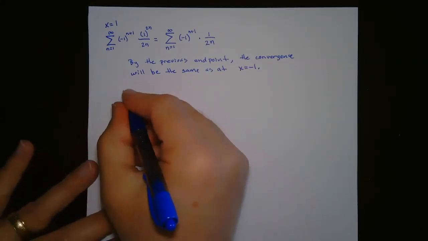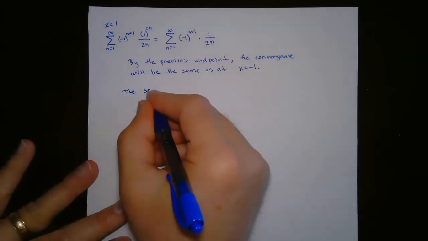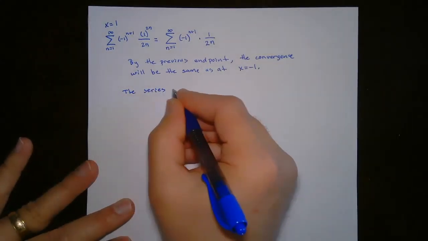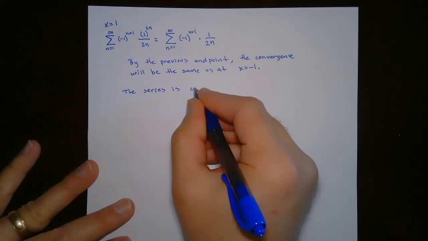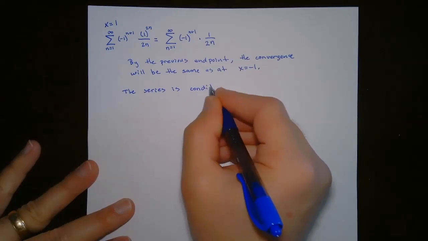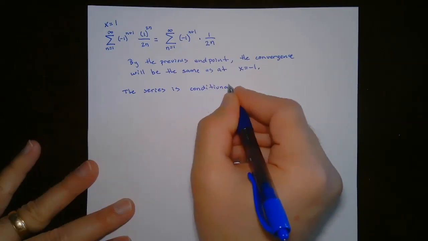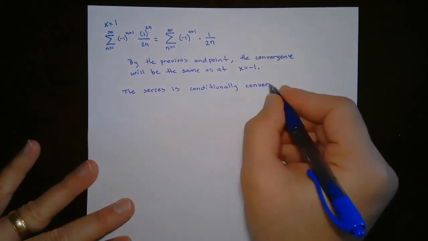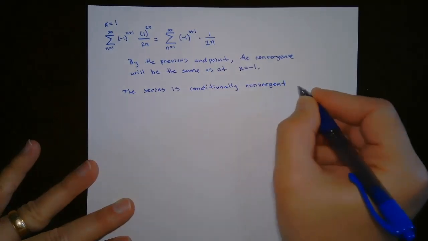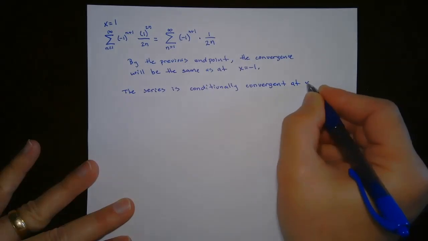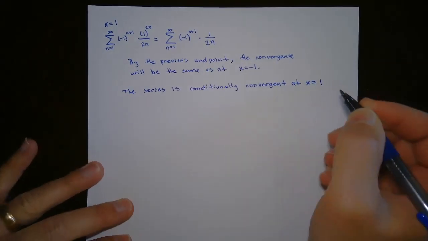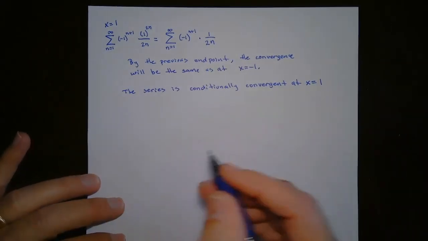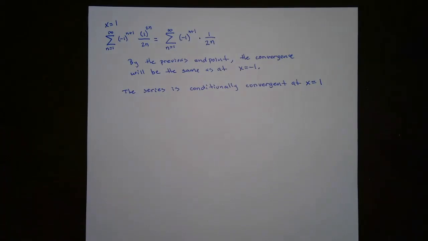So what we know is that the series is conditionally convergent at x equals 1. Okay, so back to this, I'm going to grab my papers from the previous problems.